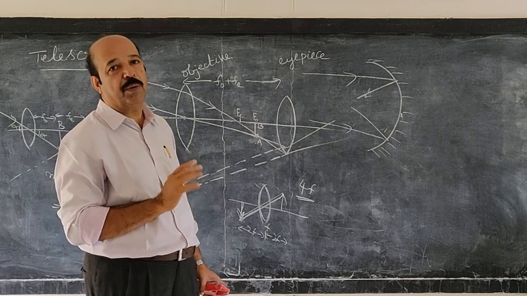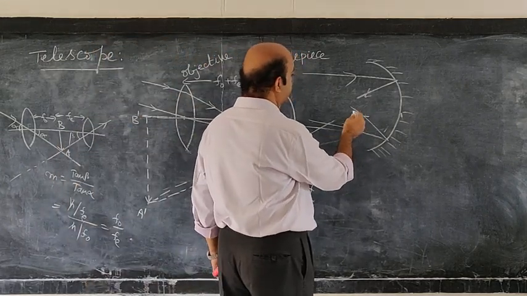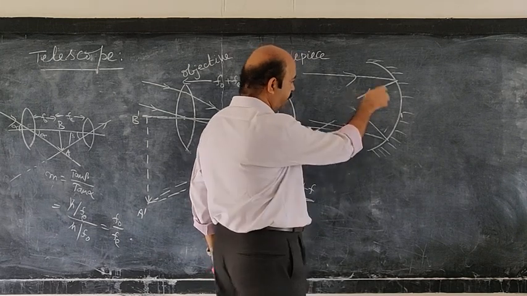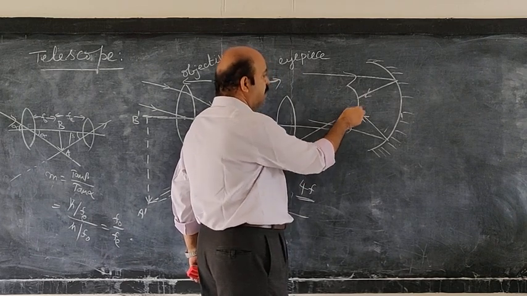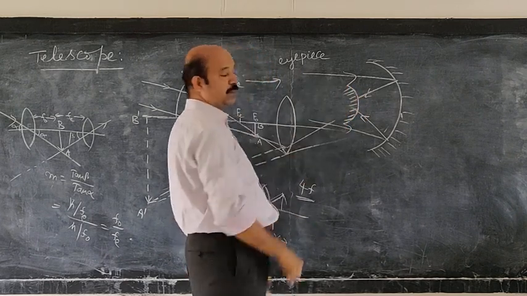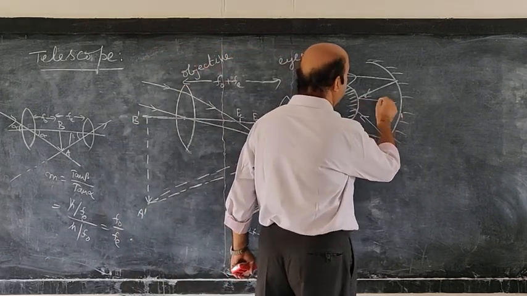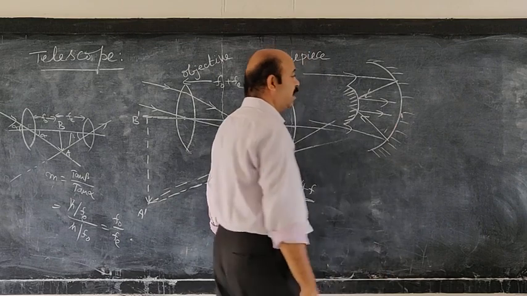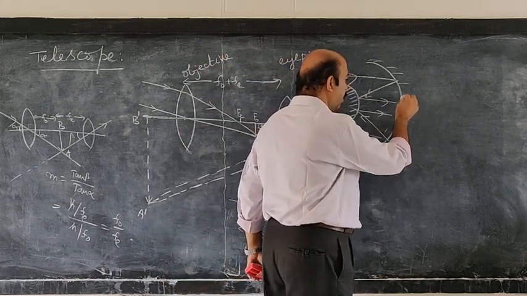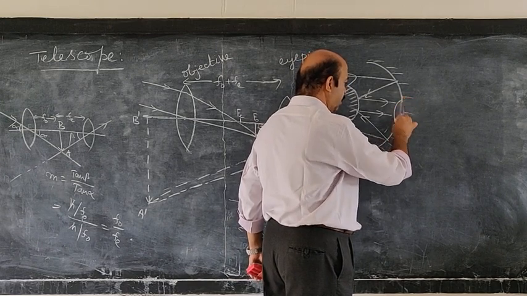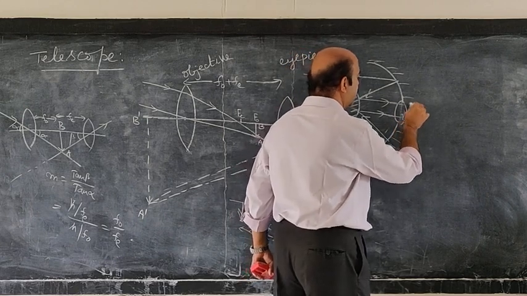But to overcome this problem also, a Cassegrain arrangement was developed such that the rays after reflection from the parabolic mirror fall on a secondary convex mirror. These rays are reflected back again towards the center of the parabolic mirror, where there is an opening, a hole, through which the rays pass towards an eyepiece.